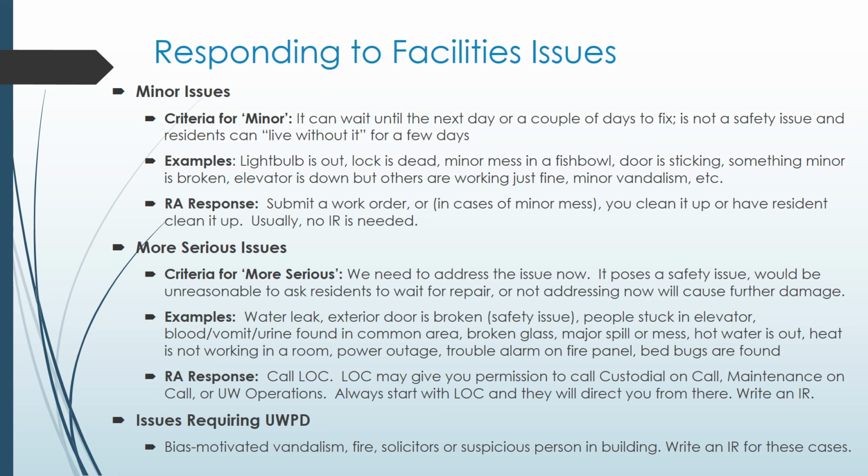If there's a minor mess in a fishbowl or maybe an elevator, if a door is sticking but it still functions properly, if there's something minor broken, like maybe a handle on a drawer or a drippy faucet, but it's not a huge leak. If an elevator goes down, no one's stuck inside of it, and there are other elevators that are working just fine. Any minor vandalism, those are things that we don't need to call after hours maintenance or custodial to repair immediately. Those are things that generally can wait.